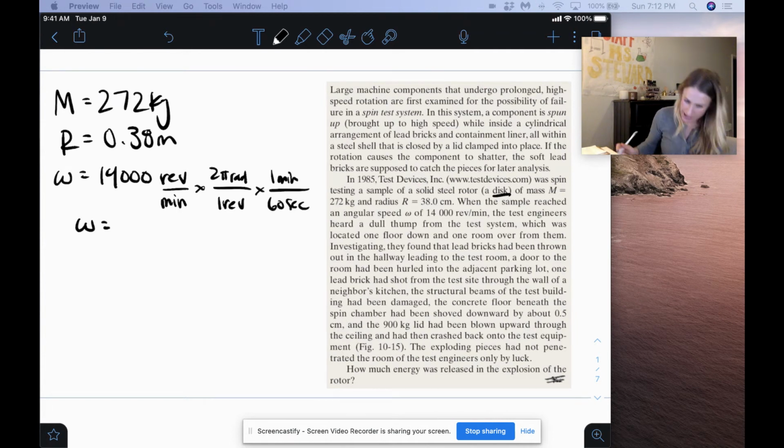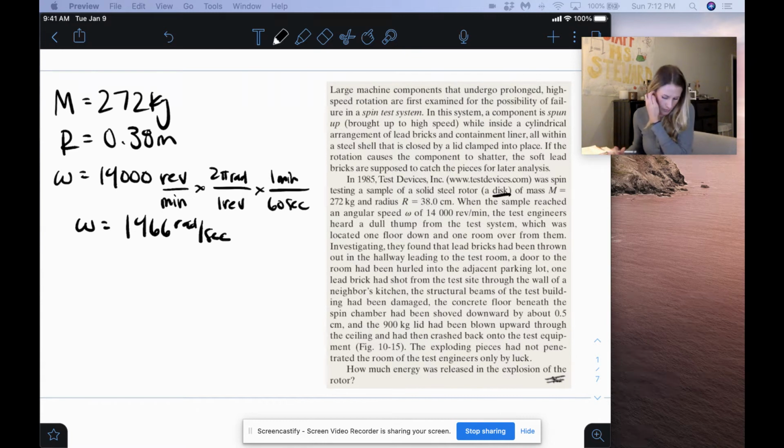So our omega ends up being 14,000 times 2 times pi divided by 60, which is 1,466 radians per second.